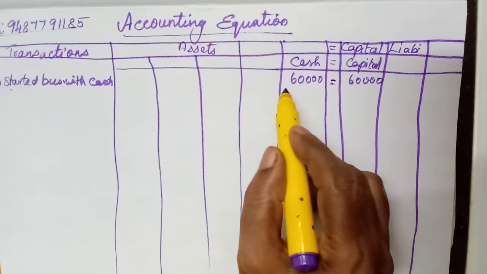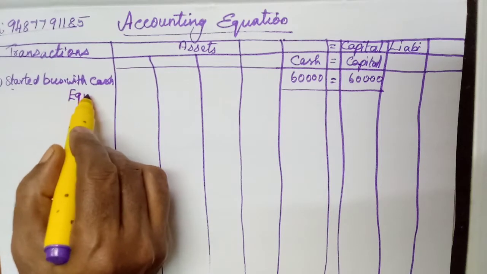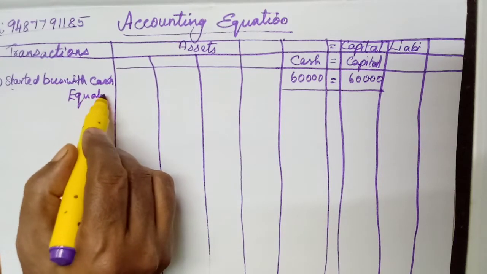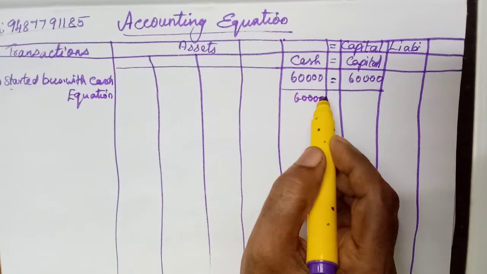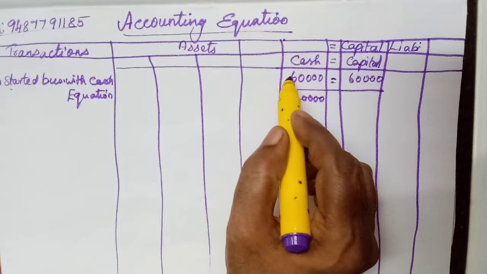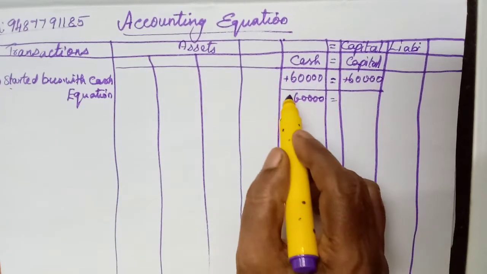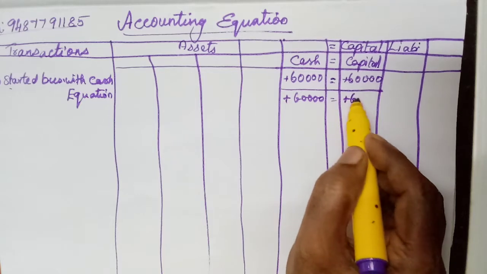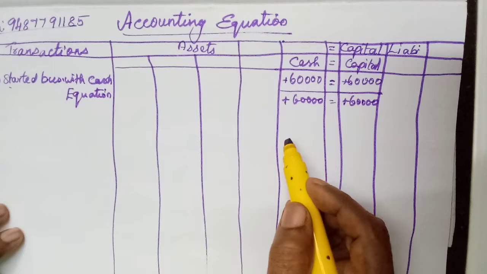Again you have to write the equation near this line, the same thing. If it increases, we write a plus sign. If it reduces anything, we should write minus.